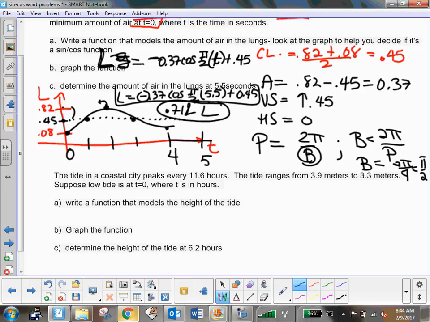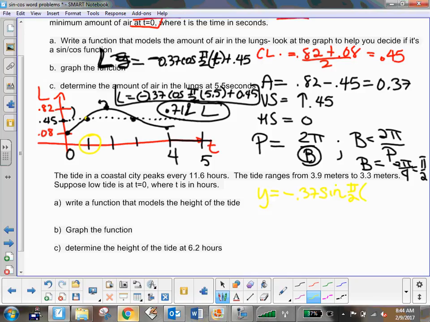All right, so let's say we wanted to write this as a sine. I just want to show you that it doesn't matter, okay? So if I wanted to do it as a sine, what shift do I have going on here? Where is my sine shift going to start at? Yeah, 1 unit, right? Because isn't that where it hits the center line? So we know what our b is. We know y equals, and this is still negative 0.37 sine of pi over 2.